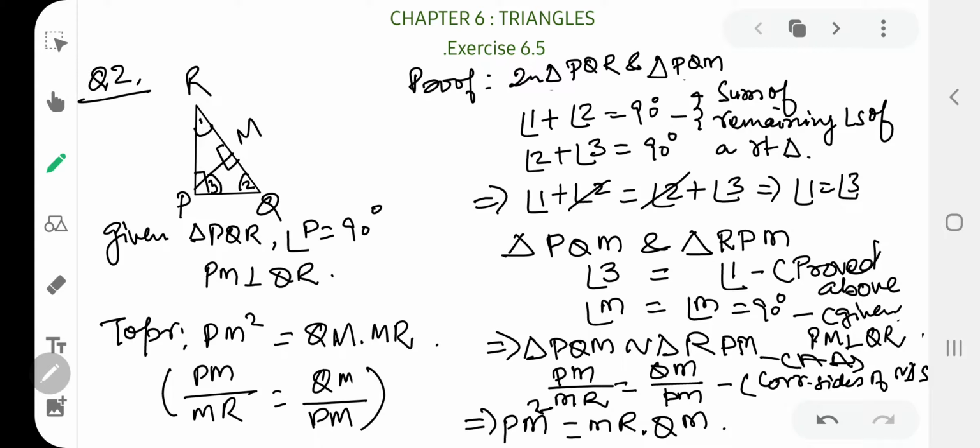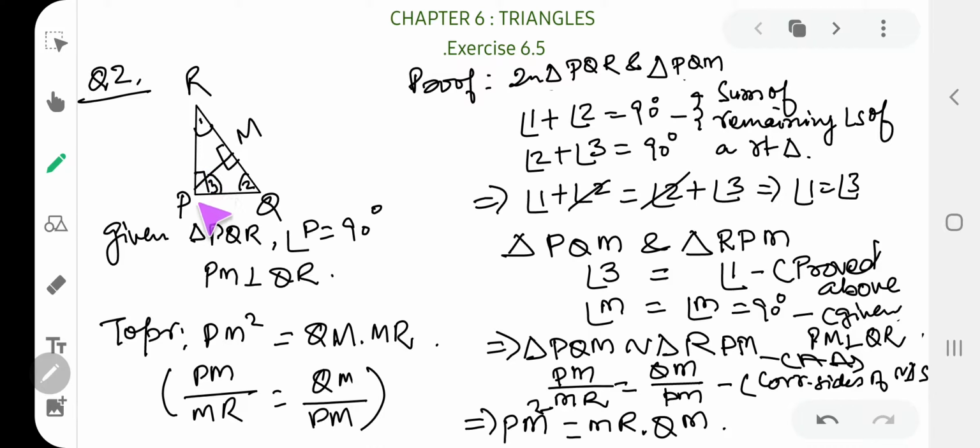Now, to prove these two triangles similar, we have to prove that the two angles of this triangle are equal to two angles of this triangle. So to prove this, let's first of all see this bigger triangle PQR. This bigger triangle PQR has one angle equal to 90 degree.